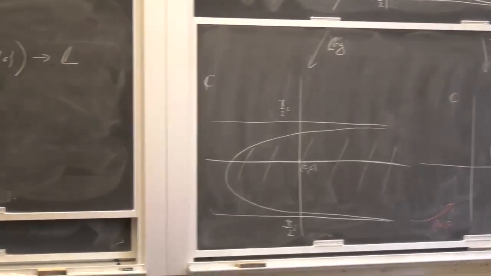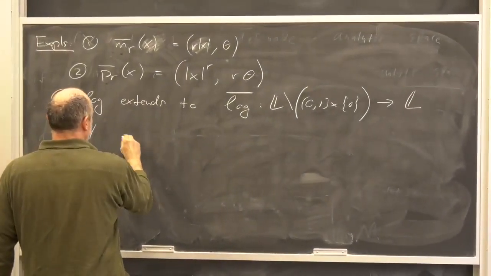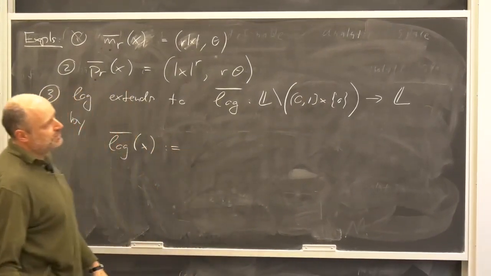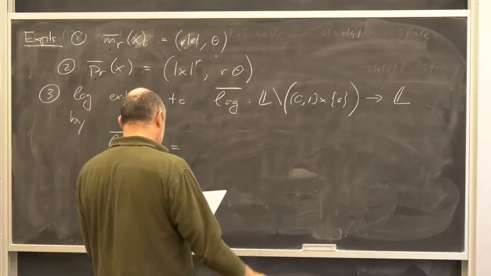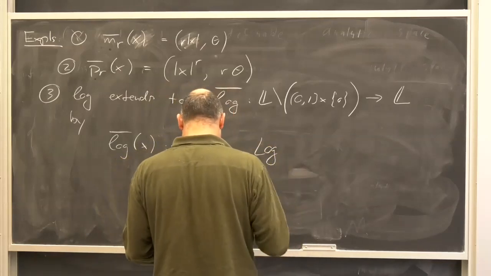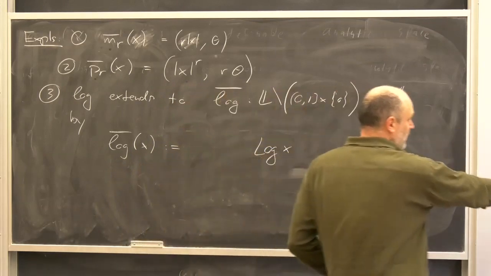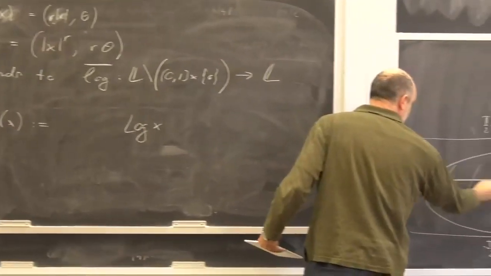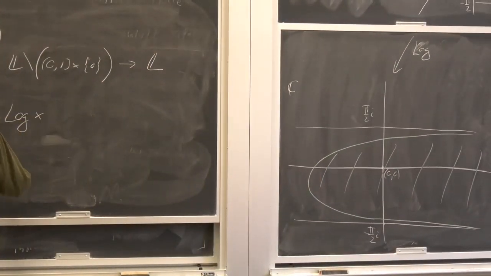That's just going to be log bar of x. Let's see what we write here. First send x down to the complex plane here, so that will be everywhere except the negative real axis, landing anywhere there.